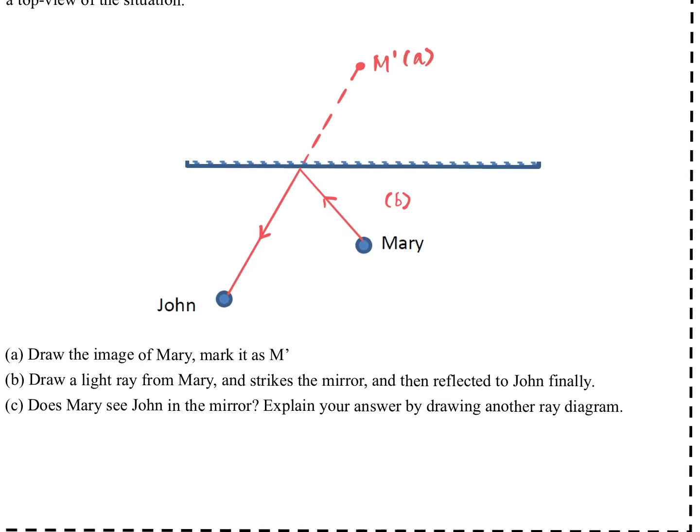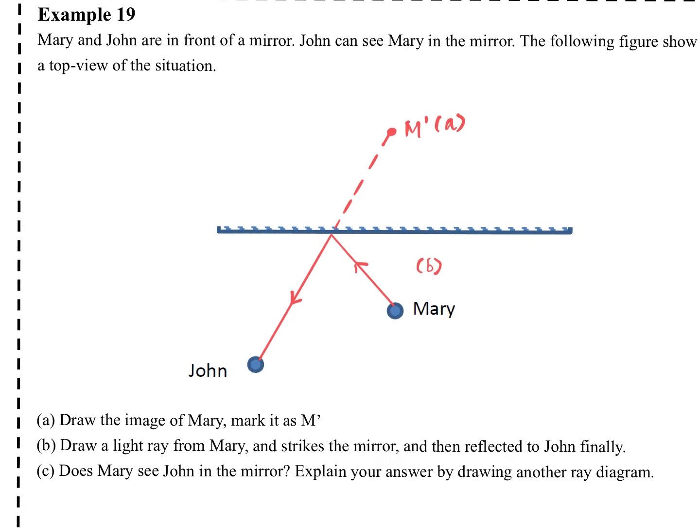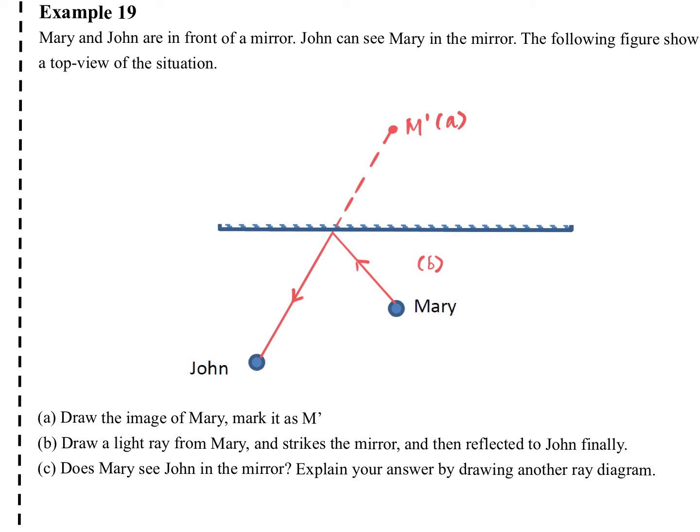For part C, we have to show that Mary sees John in the mirror. We just need to follow the same steps as B. Thus, the arrows are just totally reversed. We have to draw the image of John first, because we have to show whether Mary can see John's image. This is the image of John.